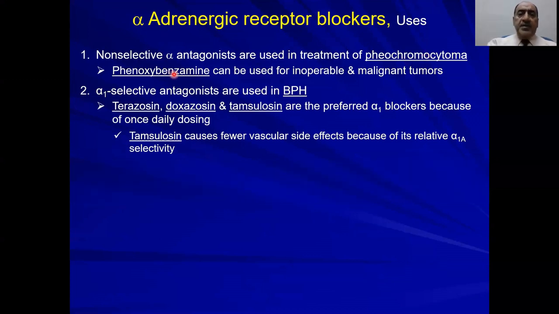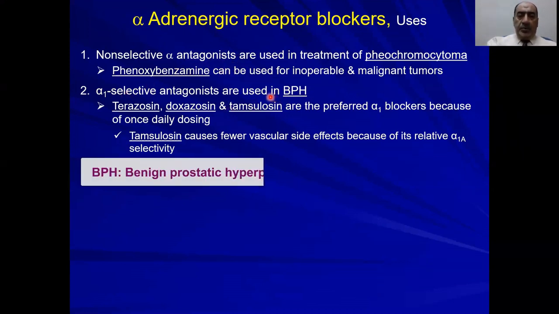Here you can use phenoxybenzamine. Like last time we talked about it, phenoxybenzamine is an irreversible alpha blocker. It binds to the alpha receptors and does not dissociate, so it will be very effective. The effect will be very prolonged, so it will be helpful for these patients.